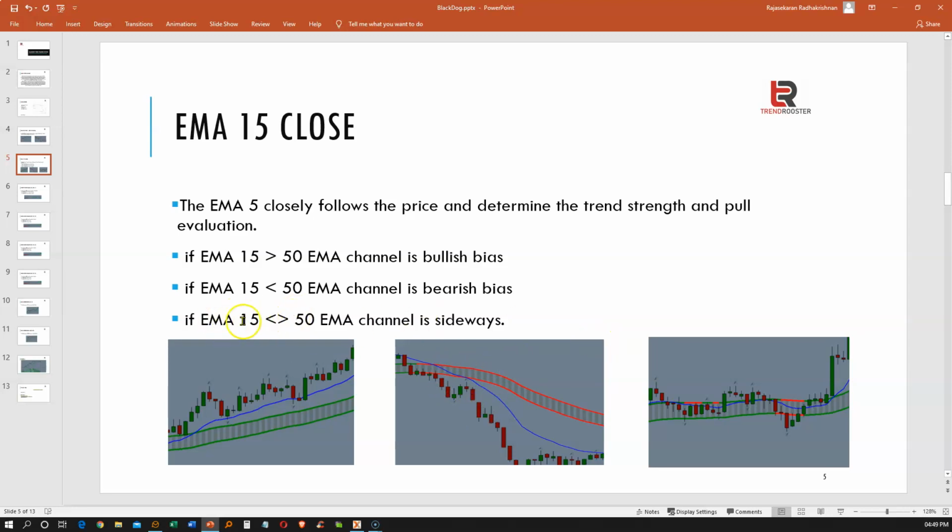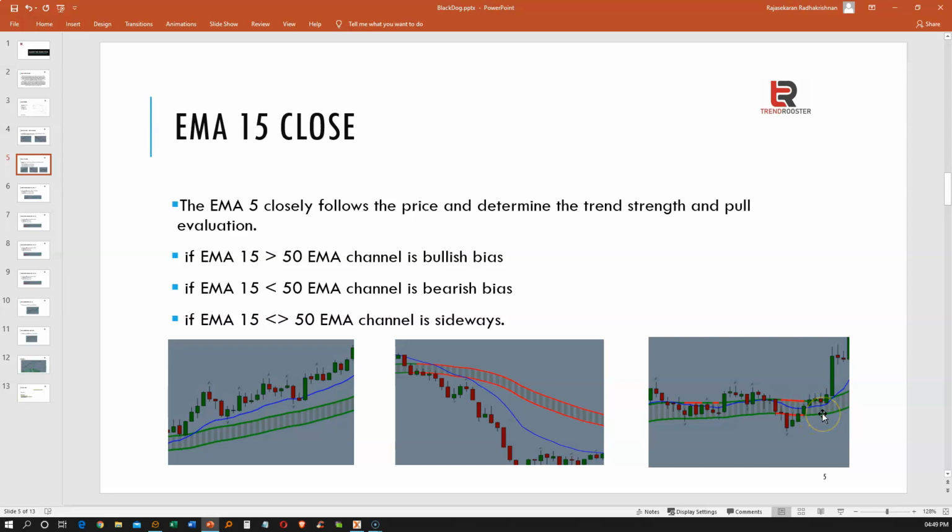Now the third case is the 15 EMA being sluggish. It's not greater than and not less than the 50 EMA, which means it's penetrating within the 50 EMA channel. So the market is not going anywhere. This is an excellent way of identifying choppiness, and it gives you the signal that it's not going anywhere.